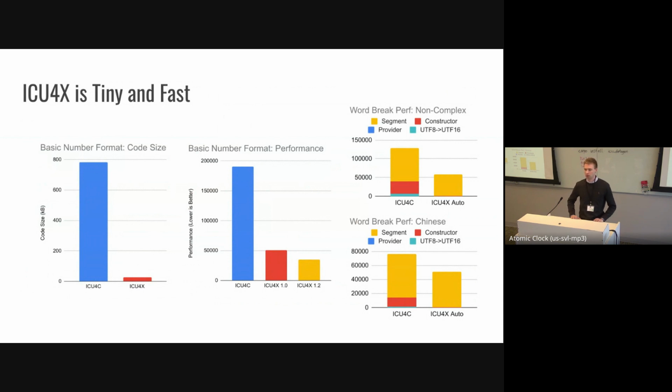If you can do it on the fly with baked-in data and zero copy, that eliminates the need for caching. Going back to this, I think this bar actually contains the constructor as well. You just can't see it because it's so small. The constructor in ICU4X is basically the provider searching for the data, but then there's nothing else to do. It's like a binary search with 5 or 10 steps. It's there, it's just like half a pixel.